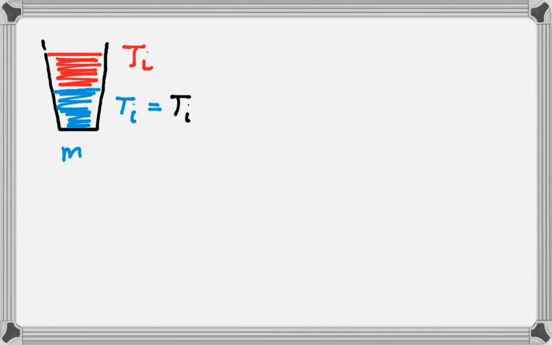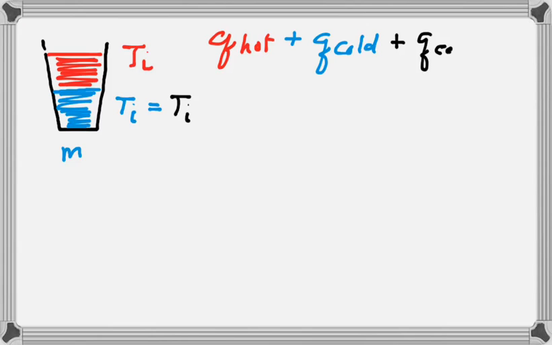So we have heat lost by the hot water, we'll call that Q hot, and we have heat gained by the cold water, and we have heat gained by the calorimeter. We'll call that Q cal. These have to add up to 0 because the energy of the universe is constant. The heat lost by the hot water is gained by the cold water and the calorimeter.